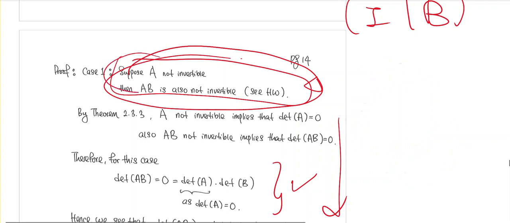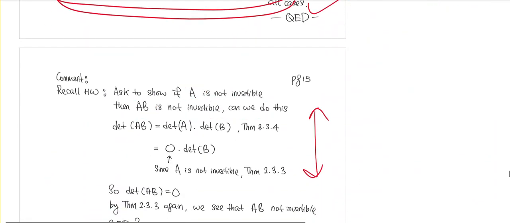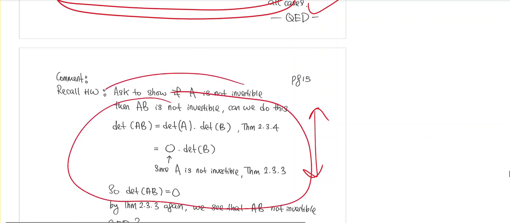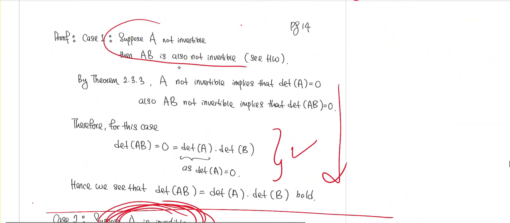So if you're using this kind of argument to show that A not invertible means that AB not invertible, but you also use it here in the proof, then it's going to be problematic. That's the reason why in your homework I'm asking you to use nothing more than the definitions.